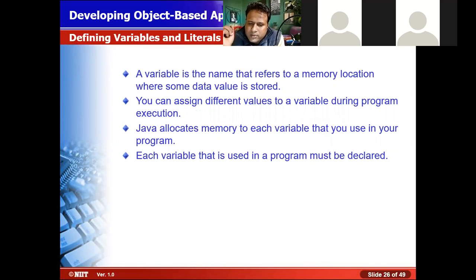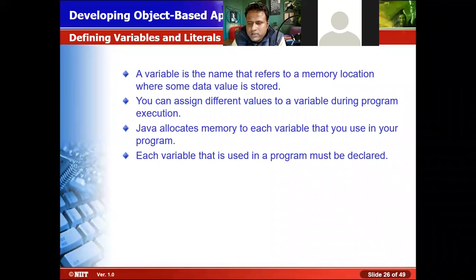The variable is the name that refers to the memory location where we store the value. It is a memory location where we have to store the value, and that value changes throughout the program execution.